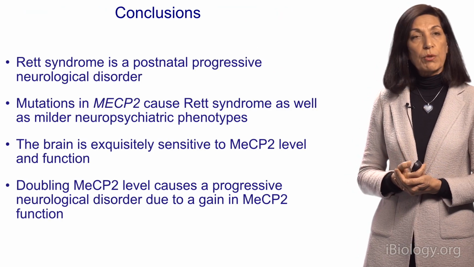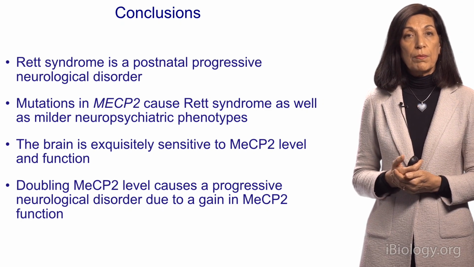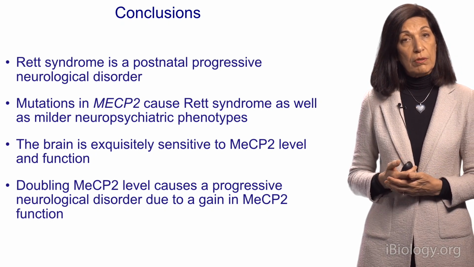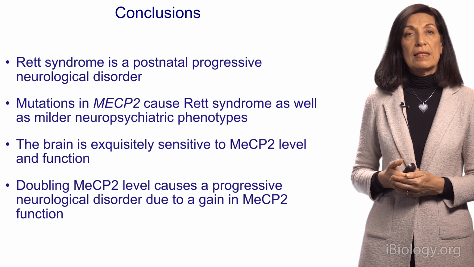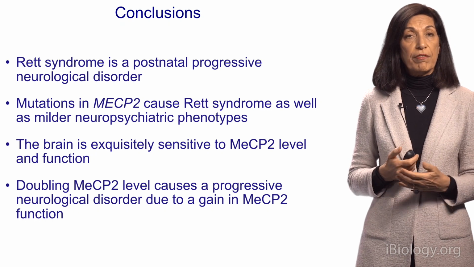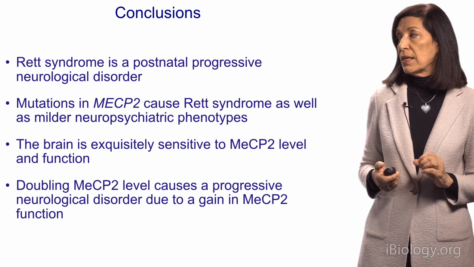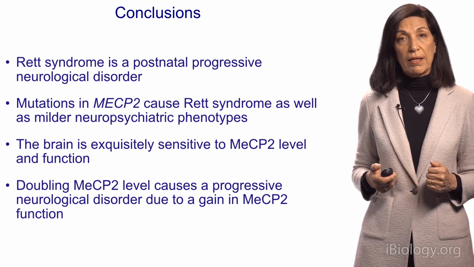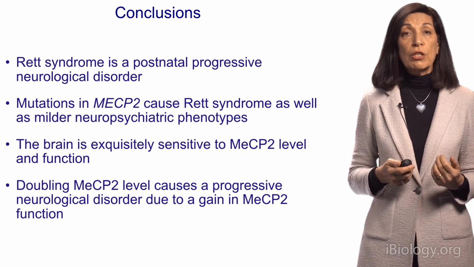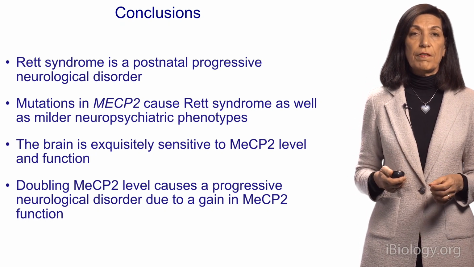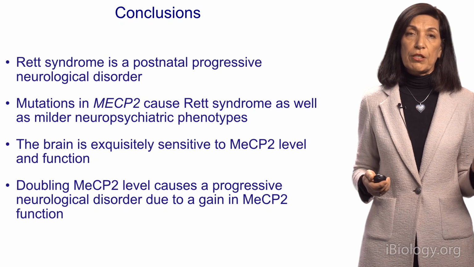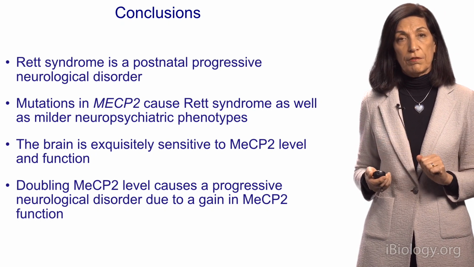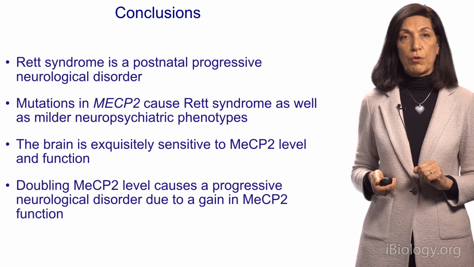So then, to summarize what we've learned today: Rett syndrome is a disorder that's progressive, that happens after the first to second year of life. These girls present with a variety of symptoms. By studying Rett, we've learned about its cause, which is MECP2, or methyl CpG-binding protein 2. We learned that different mutations in this gene can cause a variety of clinical pictures, ranging from Rett syndrome all the way to psychiatric phenotypes and milder features, depending on the severity of the mutation.